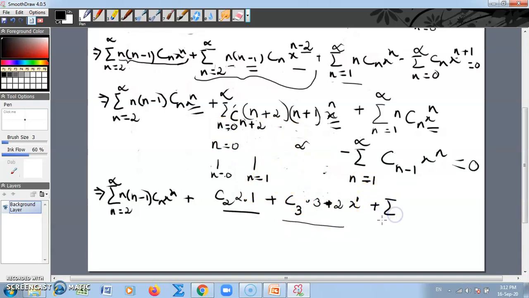So it is n is equal to 2 to infinity Cn plus 2, n plus 2 multiplied by n plus 1, into x to the power n.